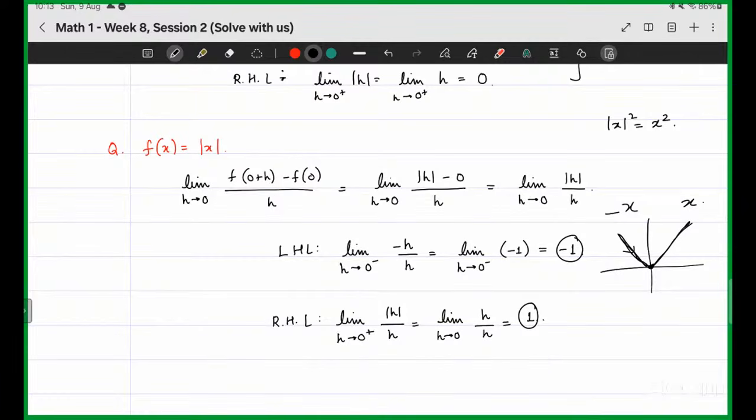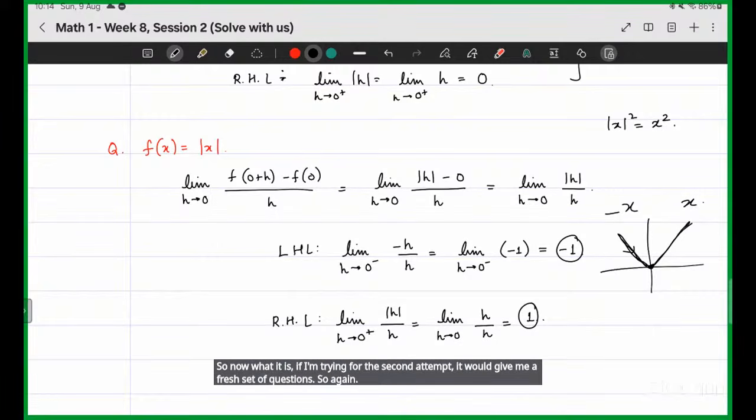So now, if I try for a second attempt, it would give me a fresh set of questions, and again it would consume more time for me to solve those.